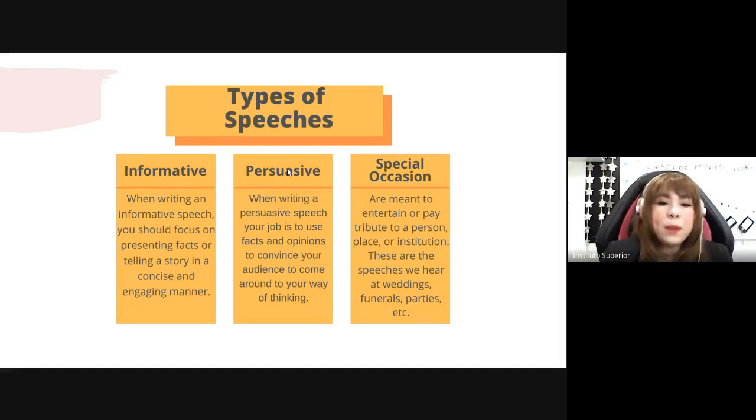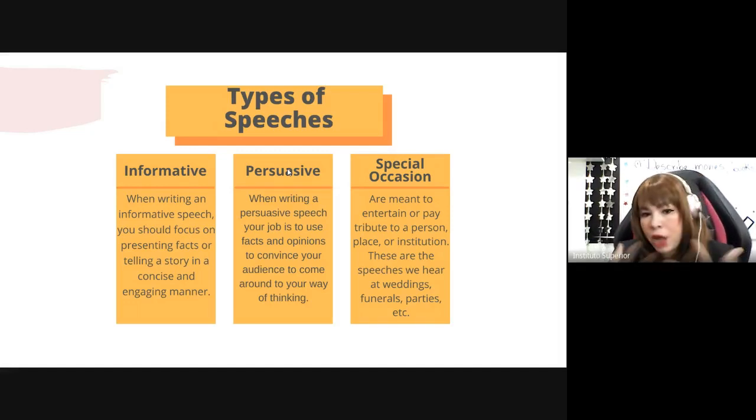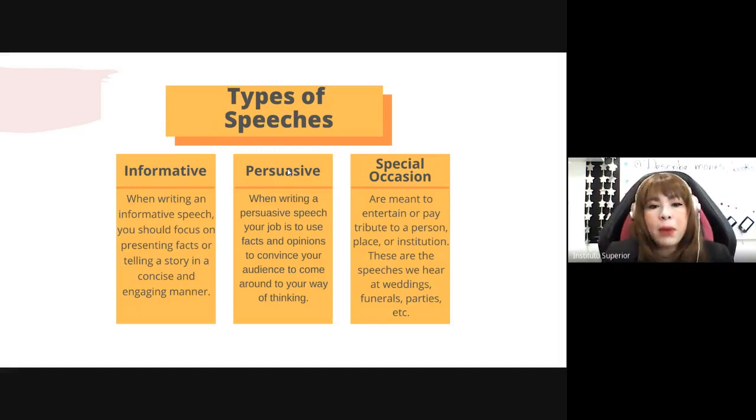So I use my opinions to convince the audience to come around to my way of thinking. Okay? This type of speech is very useful when you want to advertise something. So we can see this when we want to sell a product.